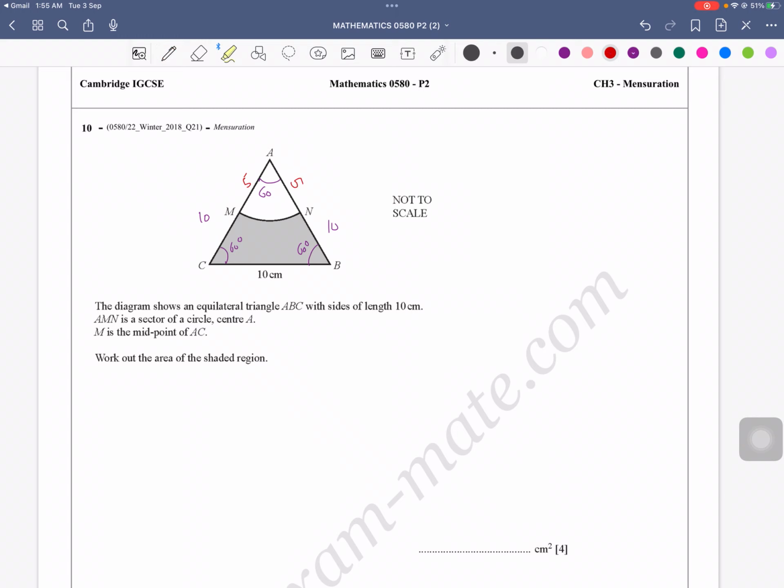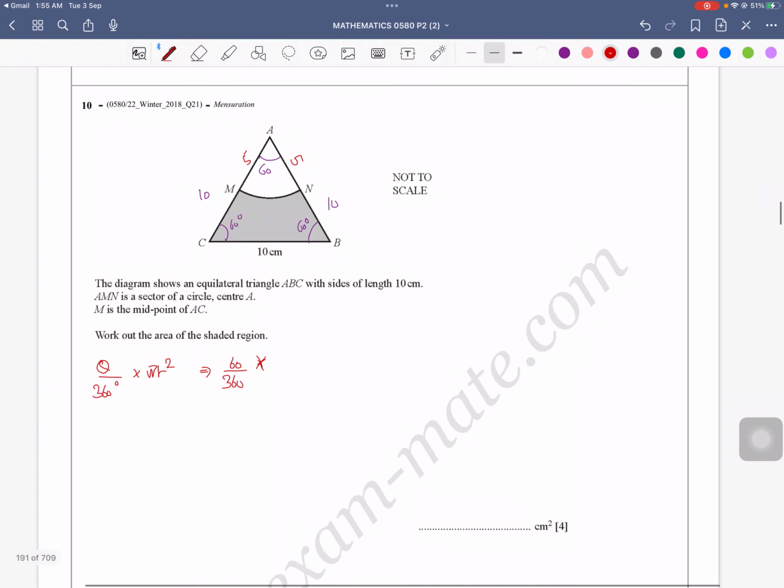So I'll first find the area of the sector. The area of the sector will be given by theta over 360 times pi r squared, so 60 over 360 multiplied by pi r squared, so pi into 25.